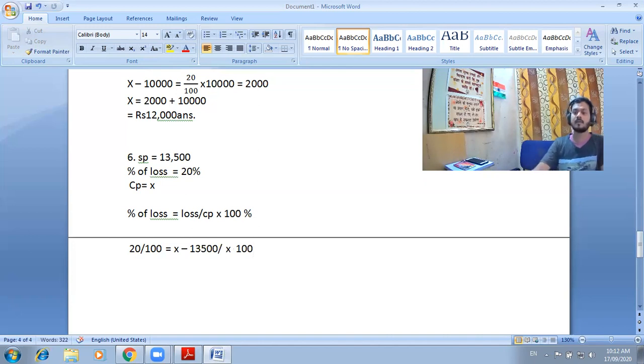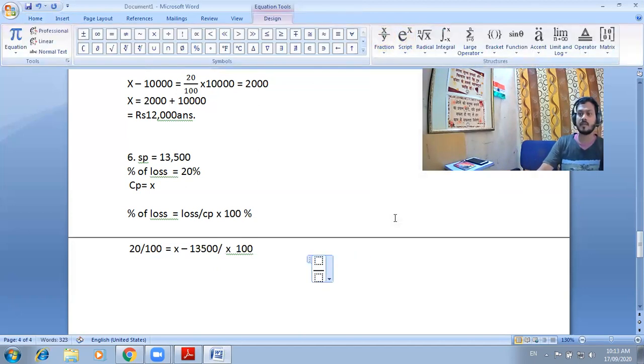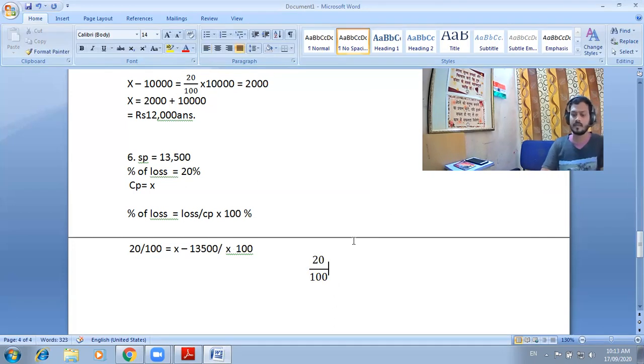There was some mistake during the simplification, so no problem. You can also remember how to solve this one. So 20 divided by 100.